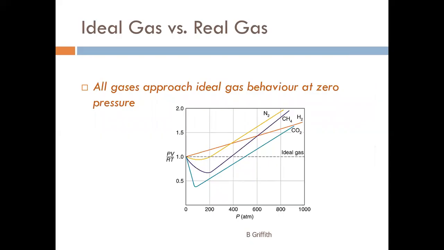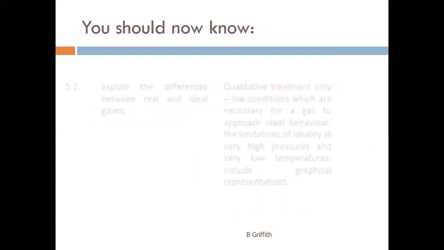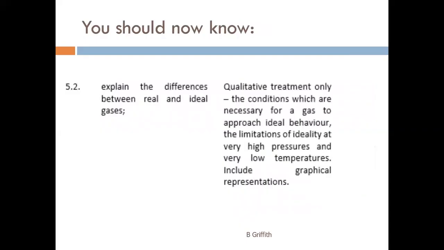We're not expected to explain the deviations above and below, but we are expected to, just to recap, explain the differences between real gases and ideal gases, the conditions necessary for a gas to approach ideal gas behavior, the limitations of ideality at high pressures and low temperatures, and use graphs to represent them.